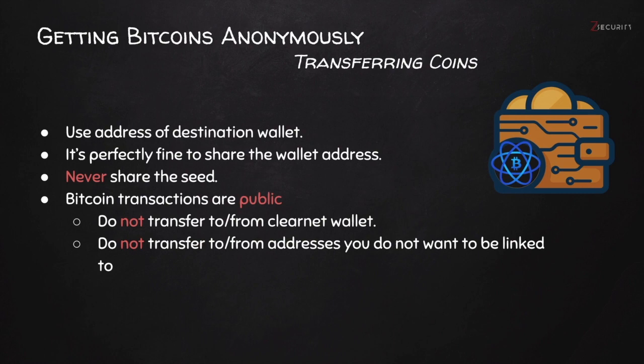Whether this account is a suspicious account or if it's an account that ties into your real identity, regardless of what the reason is, never send or receive Bitcoins from accounts that you do not want to be linked to, because the ledger is public and all transactions are visible to anyone in the world.